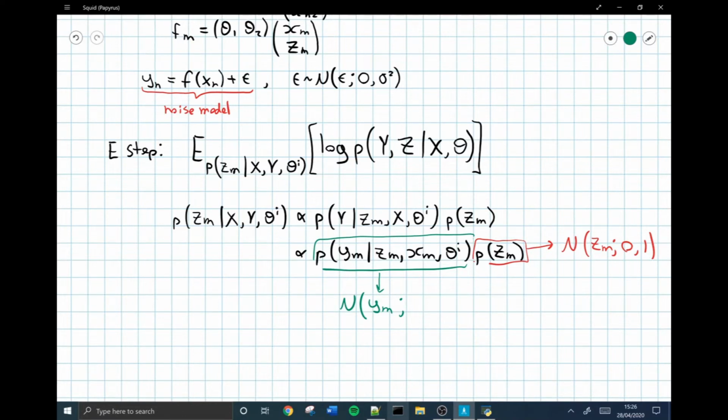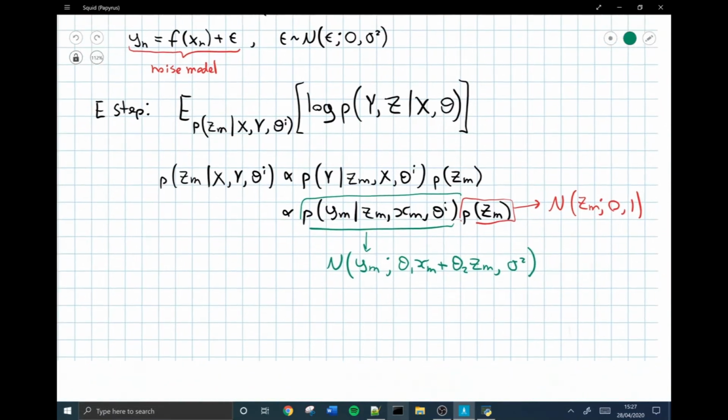So that is a theta 1 times xm plus theta 2 times Zm. And then the variance is the variance of the noise here, which is sigma squared. Okay.